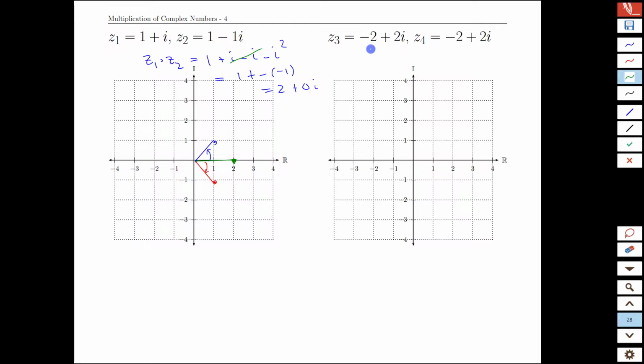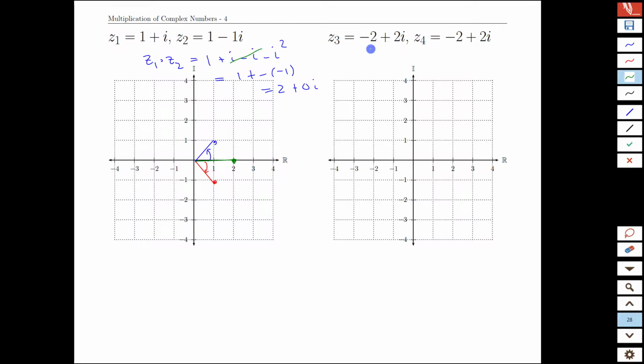Let's go minus 2 plus 2i, our blue line, up here. And then in red, minus 2 plus 2i again. Let's make it look a little different so we can actually see both lines there. There we go.